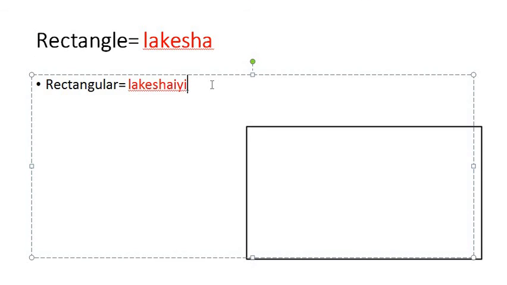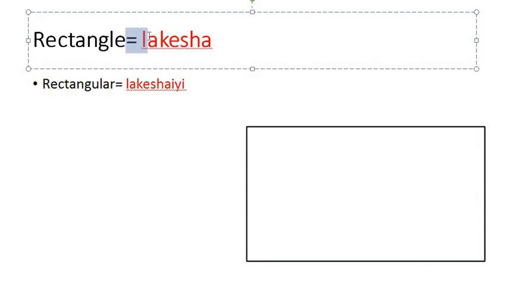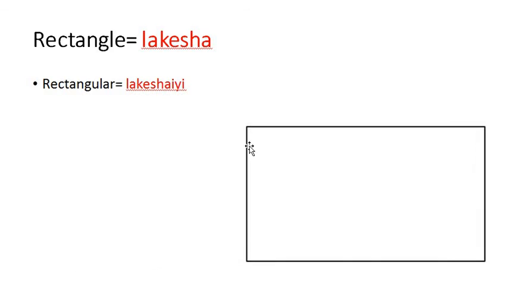Rectangular means lakeshayi. So where did lakesha come from? I'm not sure, to be honest, but la means side. I don't know the mathematical terminology in English for these lines, but one line is called la.